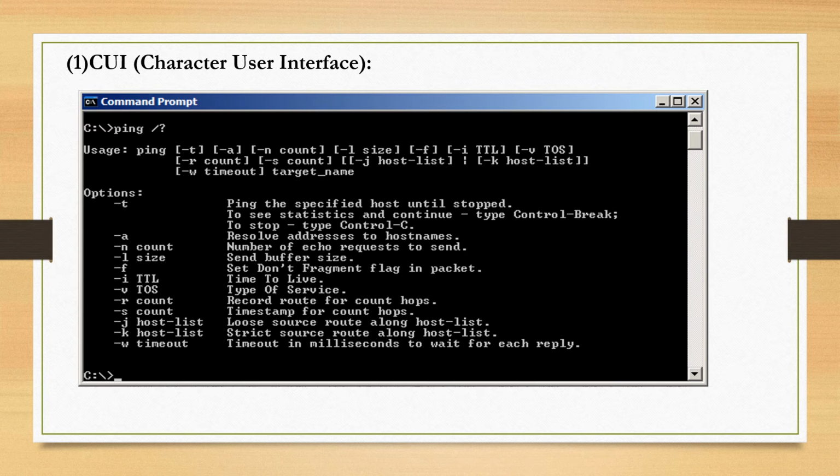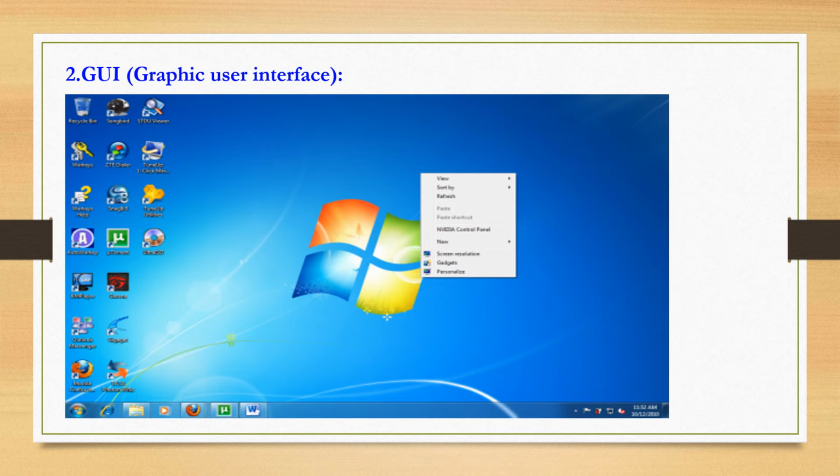Now check the next one, which is GUI, another type of interface, which is graphic user interface. In graphic user interface, what happens? You can see here some symbols, icons, are there.